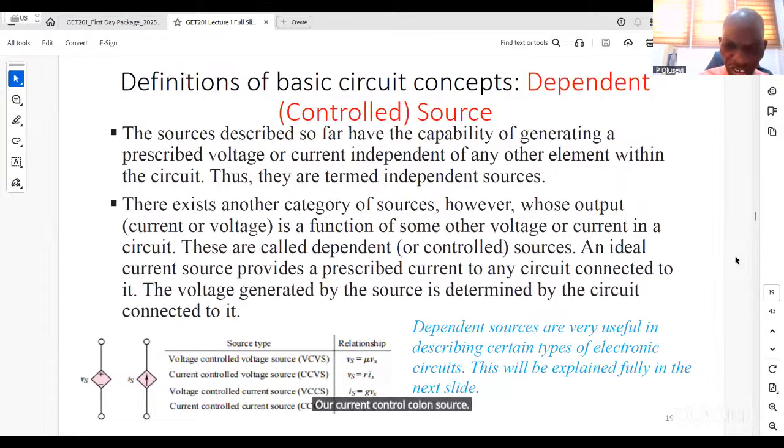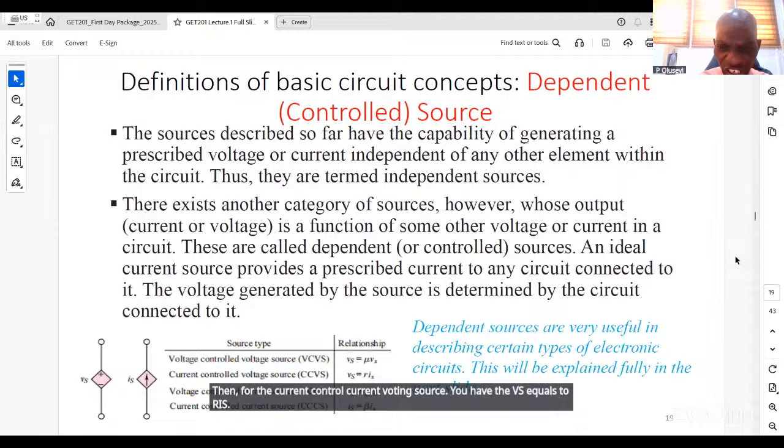Their relationship is mathematically expressed in that table. For the voltage controlled voltage source, you have Vs equal to mu Vx, where mu is the relationship between the two of them. Then for the current controlled voltage source, you have Vs equal to R times Ix.